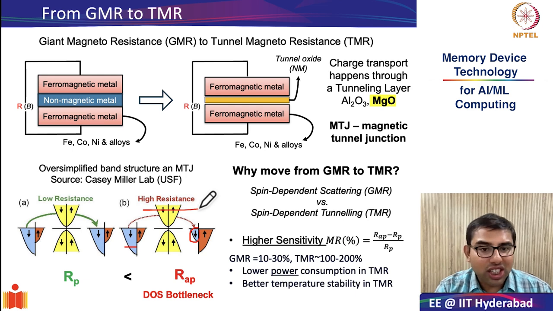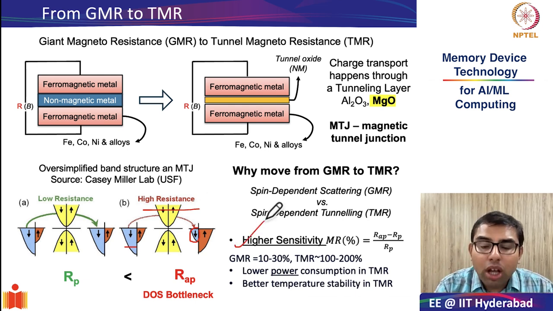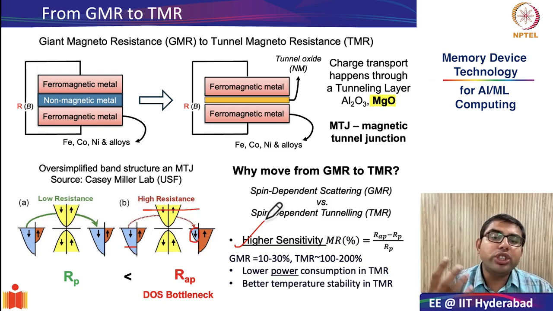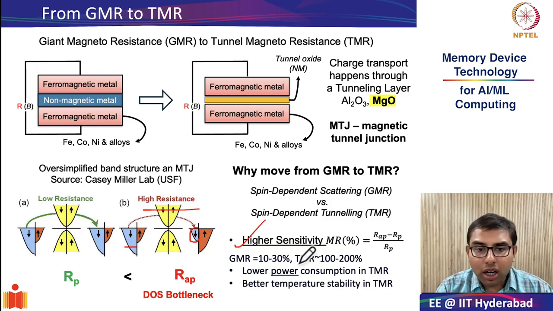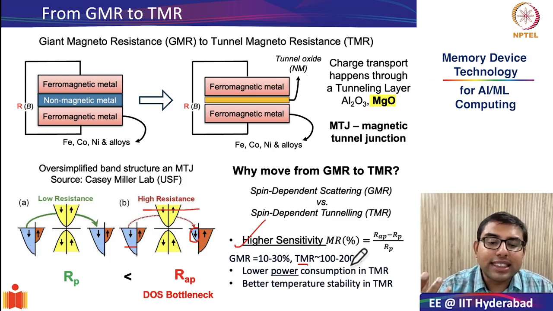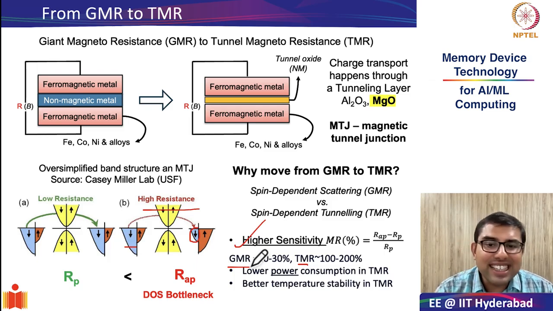So with this understanding, let us see for practical technology why we moved from giant magnetoresistance to tunnel magnetoresistance. The first reason is that the sensitivity of TMR devices is much larger compared to GMR devices, where TMR devices have almost 200% sensitivity. GMR devices have very low sensitivity of 10 to 30%. Now, what is sensitivity?